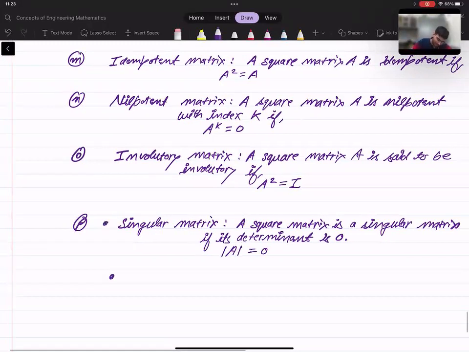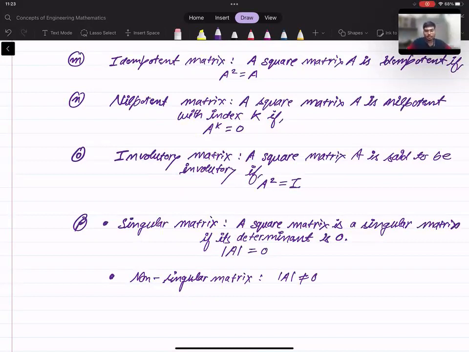Let us put them together. For a non-singular matrix, the determinant of A will not be equal to 0. So these are some important types of matrices.